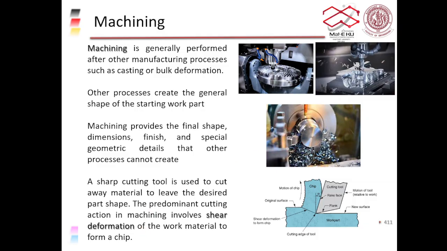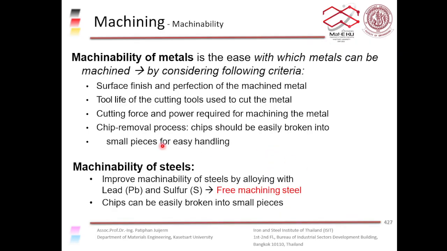So for material with good machinability, the chip removal process should be easy. Right? The chip should be easily broken into small pieces so that it can be removed from the cutting surface easily.